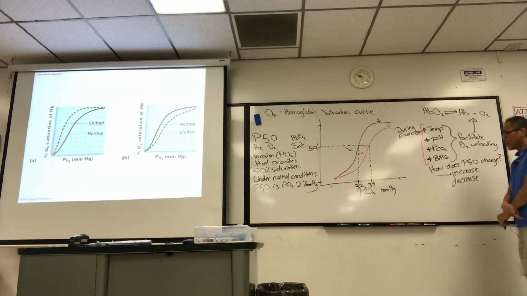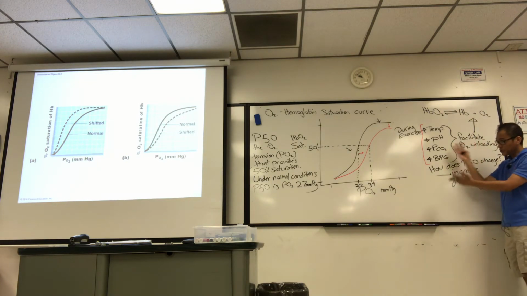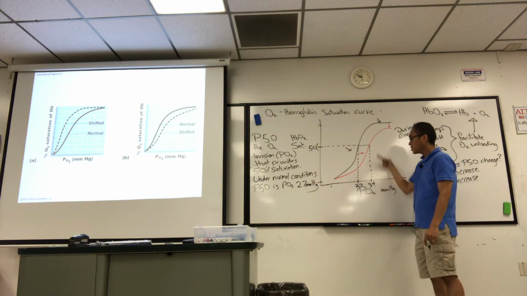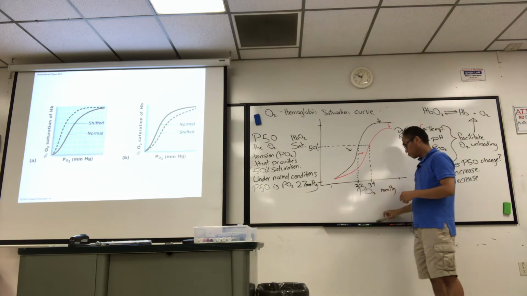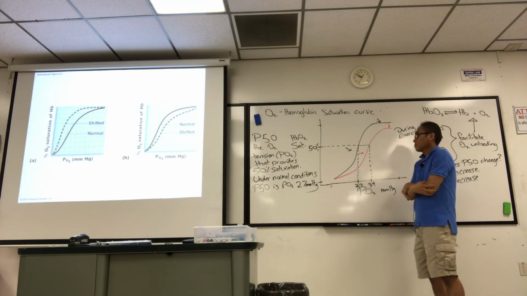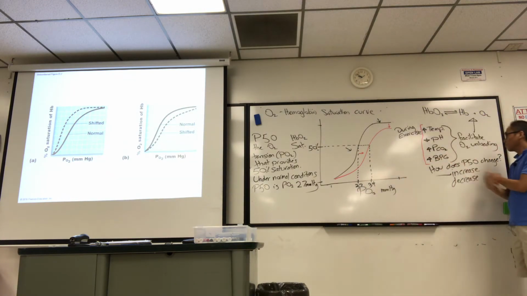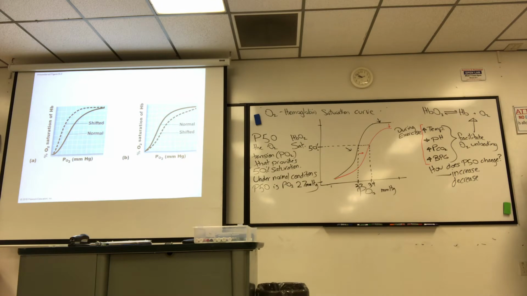Now to saturate under these conditions, you have to get more oxygen to saturate at 50%. That's what that means. So I guess that's a good thing, because during exercise, you want the conditions to be favorable to drop it off.